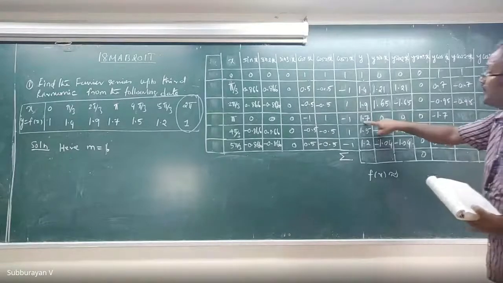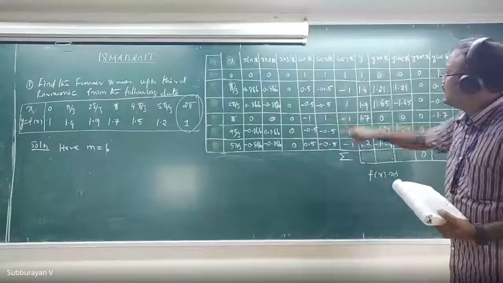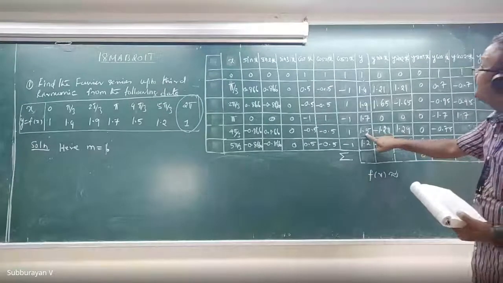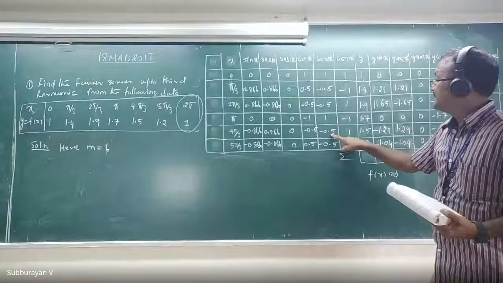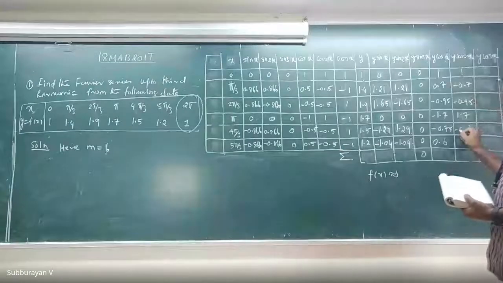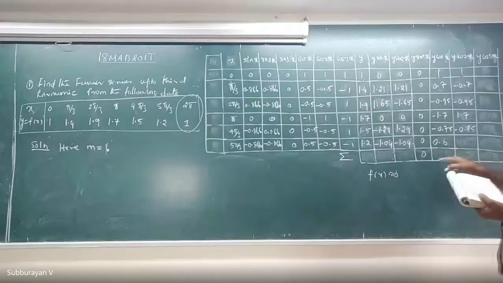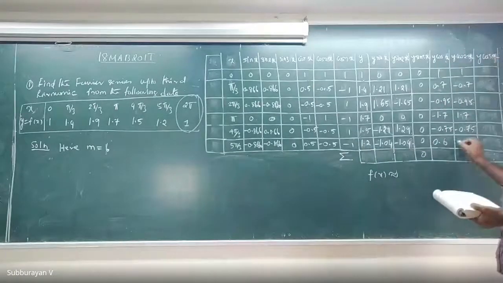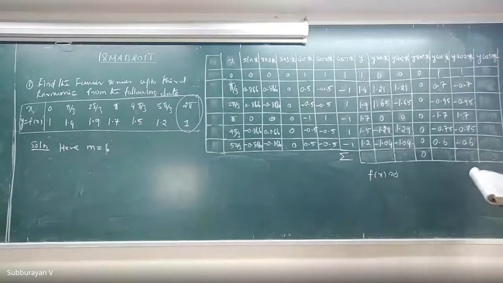Okay, and 1.7 into 1, so therefore 1.7. Here 1.5 into minus 0.5, so therefore minus 0.75. Okay, and 1.2 into minus 0.5, so therefore minus 0.6.